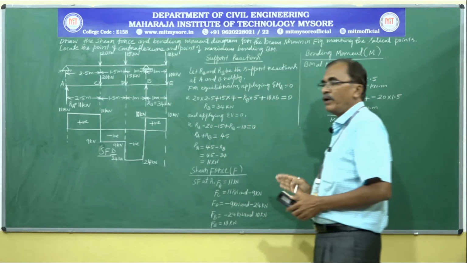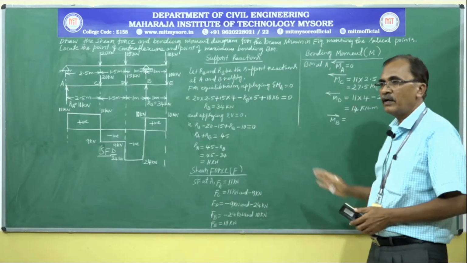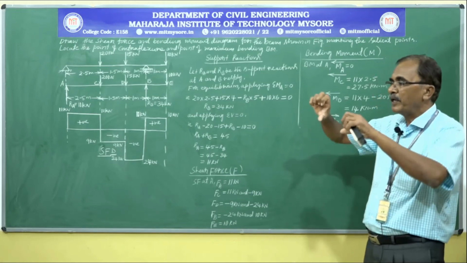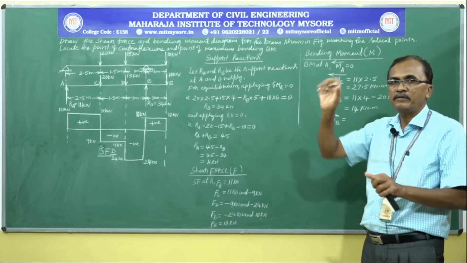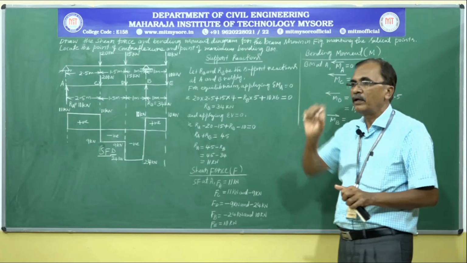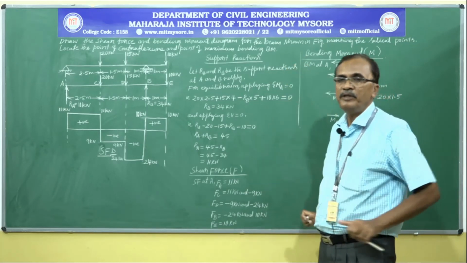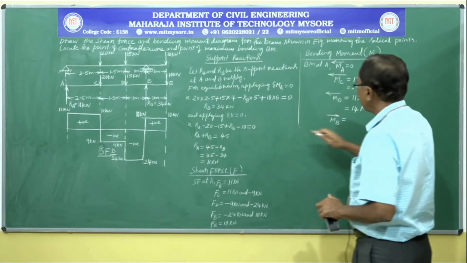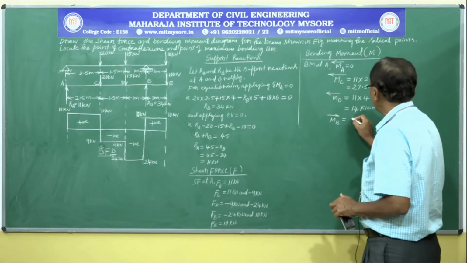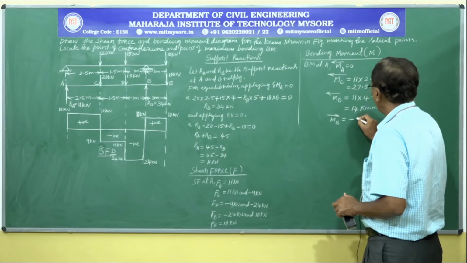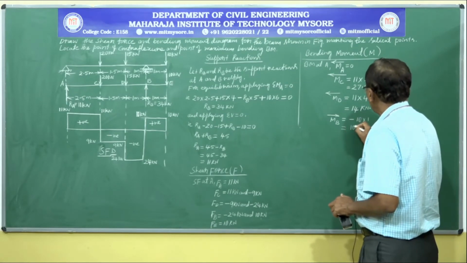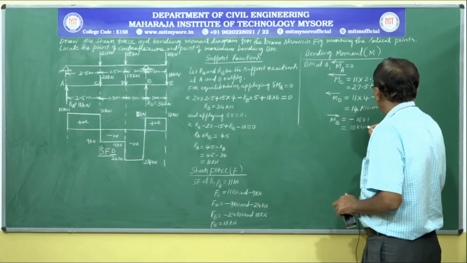To the right side of the point considered, clockwise will be negative. Clockwise will be negative means, to the right side, see the finger, it will try to lift the beam in the upward direction, hogging. So, to the right side, clockwise will be considered as negative, minus 10 into 1, that is equal to minus 10 kilonewton meter.